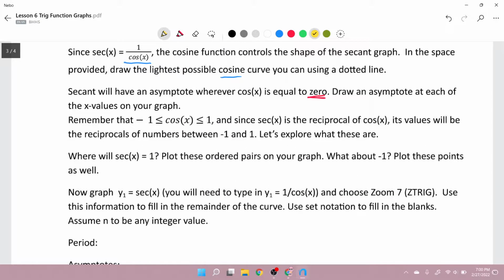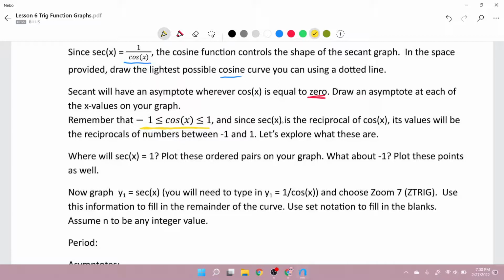Now, also recall that cosine was restricted, right? That ratio of x to the radius was restricted between -1 and 1. We never had a cosine value that was larger than 1 or less than -1.